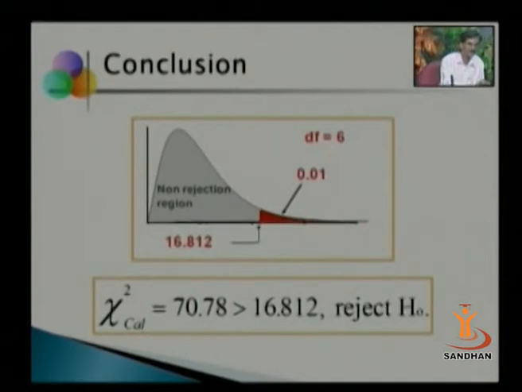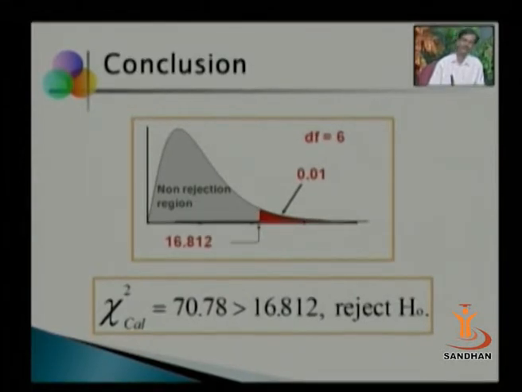So for 6 degrees of freedom, the chi-square table value at 1% level of significance is 16.812. The calculated value is 70.78 and the tabulated value is 16.81, so calculated is greater than the table value. Ultimately our decision is to reject the null hypothesis.